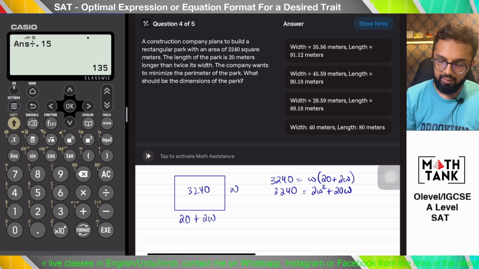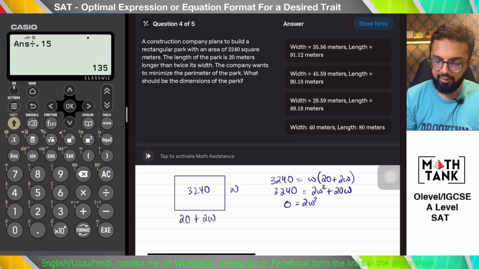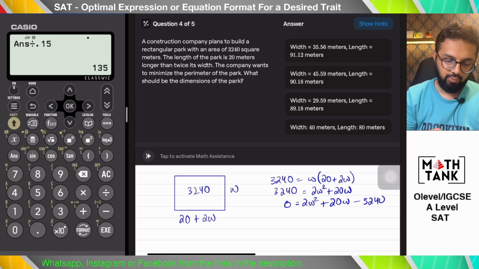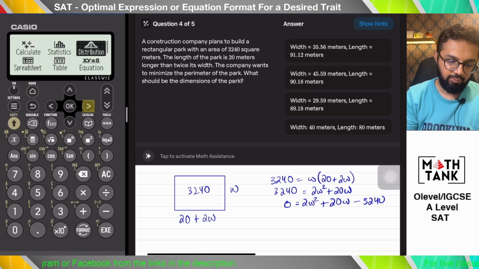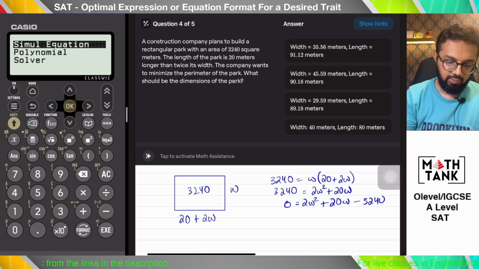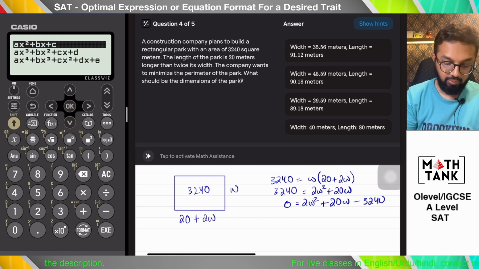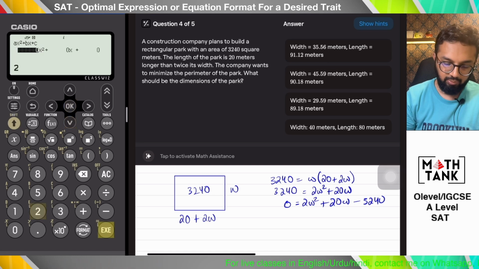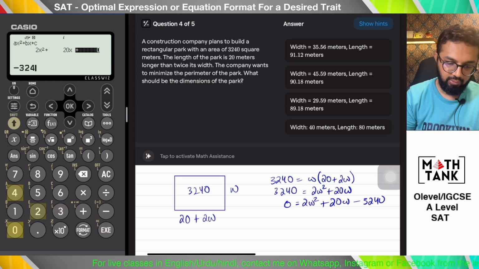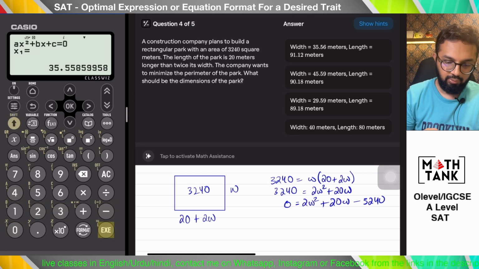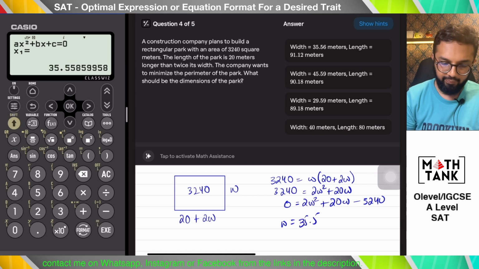Let's see if we get correct answers for the quadratic out of this. So W equals 35.5.